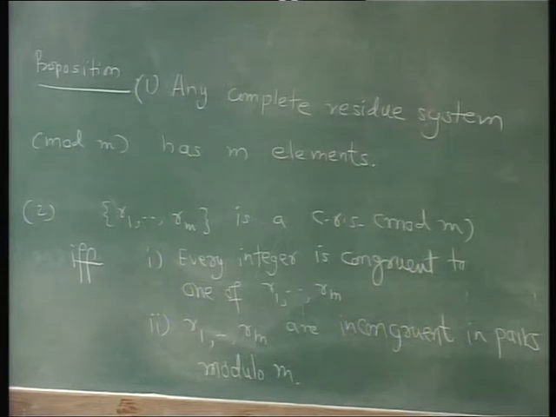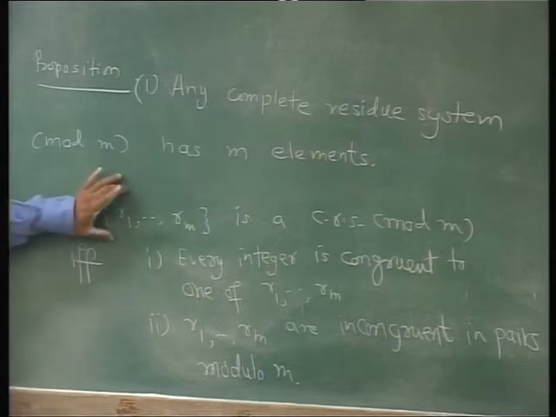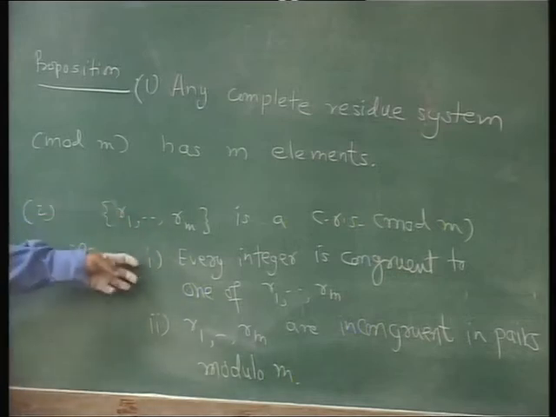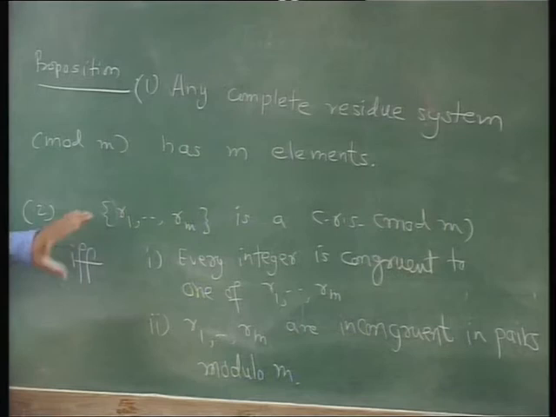So if you have m numbers and every integer is congruent to one of them, you can show that the second condition is satisfied. And if you start with these m numbers, and if they are incongruent mod m, you can show that every integer is congruent to one of them. That is possible. So if you start with m numbers, if you assume one of these, you can prove the other. That's a simplification which is useful in problems.